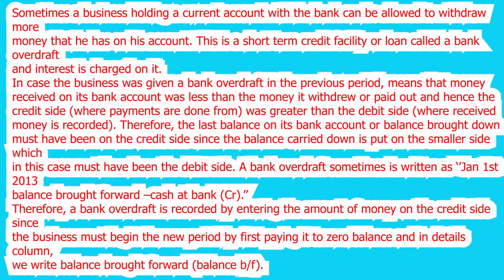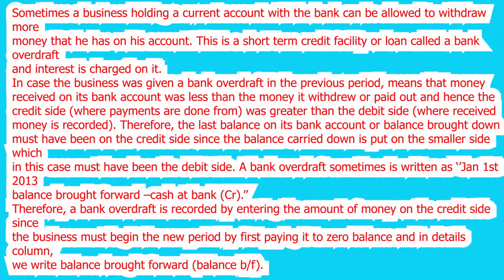Therefore, the last balance on its bank account, or balance carried down, must have been on the debit side, since the balance carried down is put on the smaller side. A bank overdraft sometimes is written as 1st January 2013 balance brought forward, cash at bank, and that is put under the credit side of the bank column.